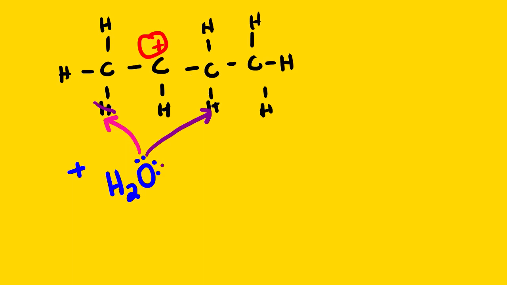Or if it attacks the first one, it simply means that this hydrogen is no longer there, and then these electrons will form a double bond here. So we have 2 ways now. Let us go with the first one. If you attack this one, we are going to have a compound like this. We have a double bond here.